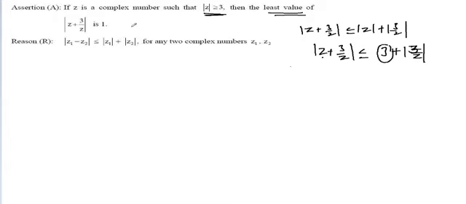In our given problem the least value is 1, so this is not correct. The assertion is wrong.